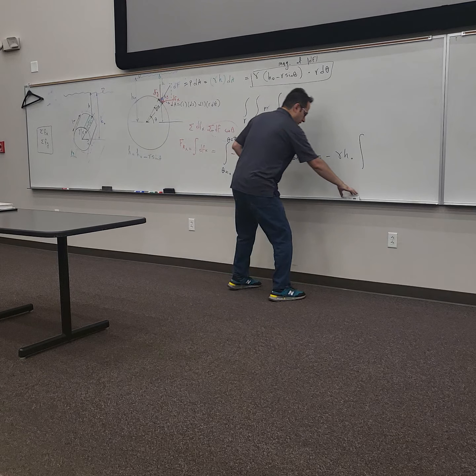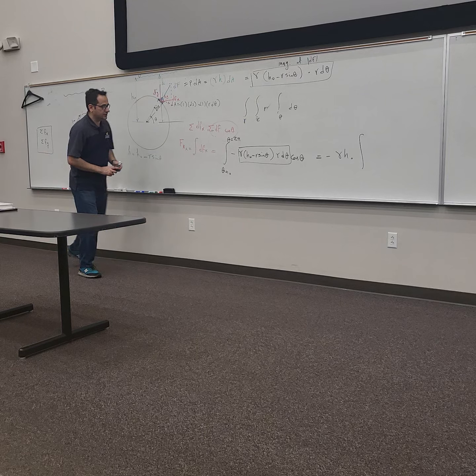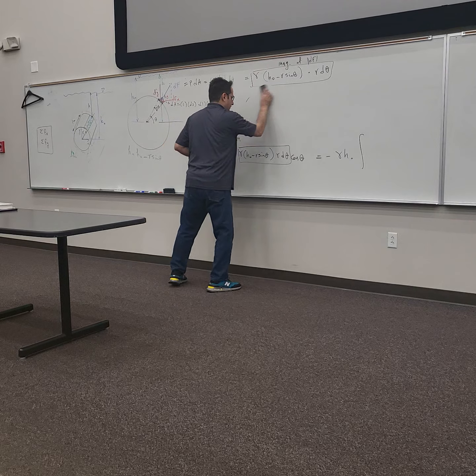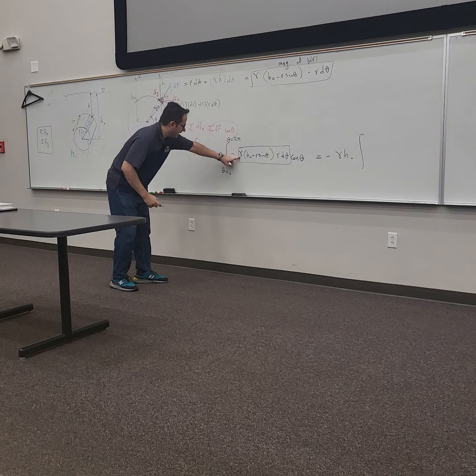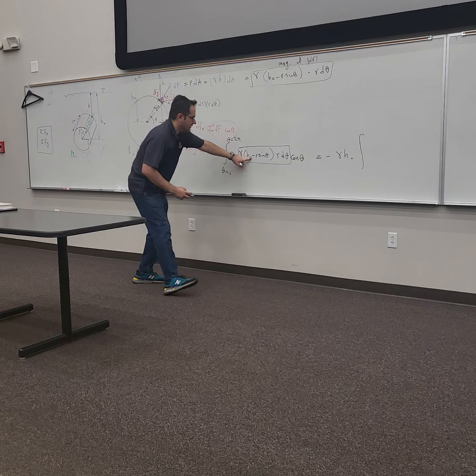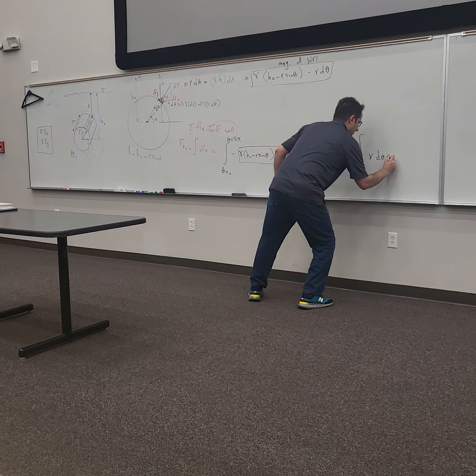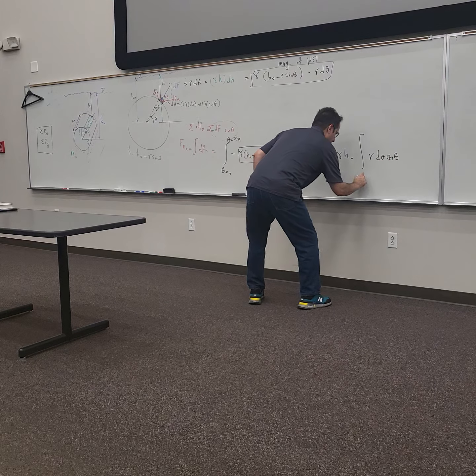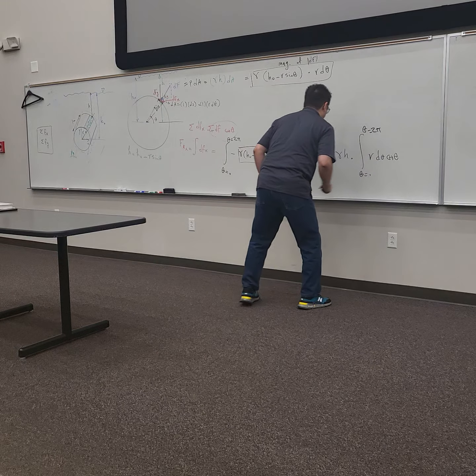Okay, so here you get minus gamma H0, take it out, and then you have R d theta cosine theta from theta 0 to theta equal to 2 pi.